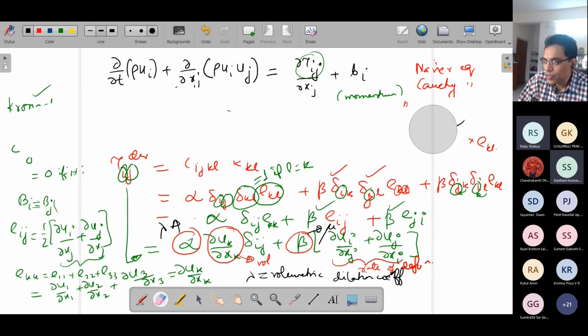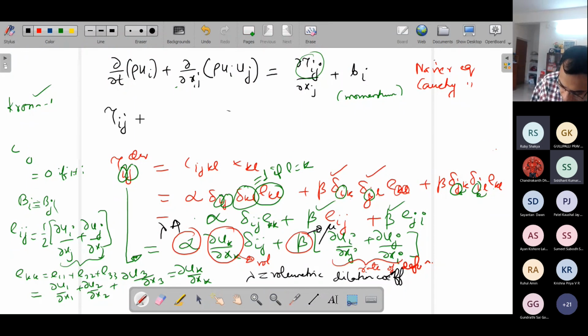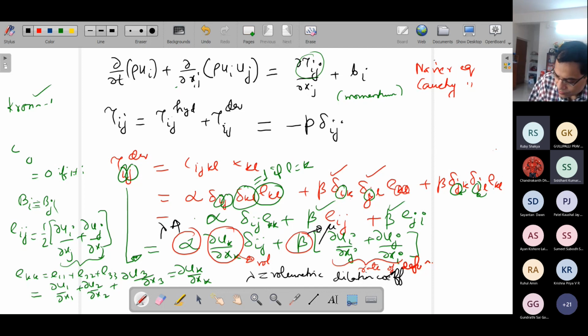So to summarize whatever we have done today, we can write that tau ij is the total of the hydrostatic plus the deviatoric. The hydrostatic is just due to pressure, and we write it as minus P delta ij. Why do we write it as minus P delta ij?